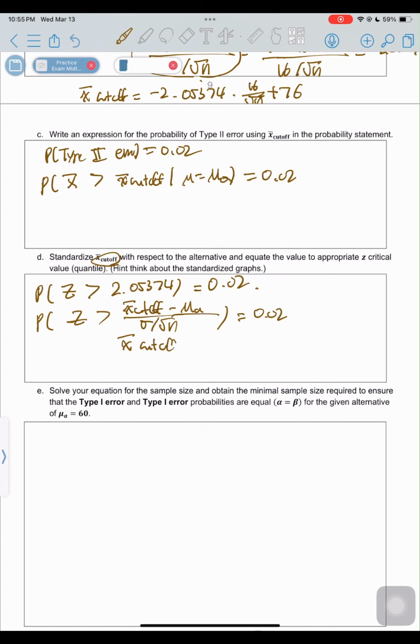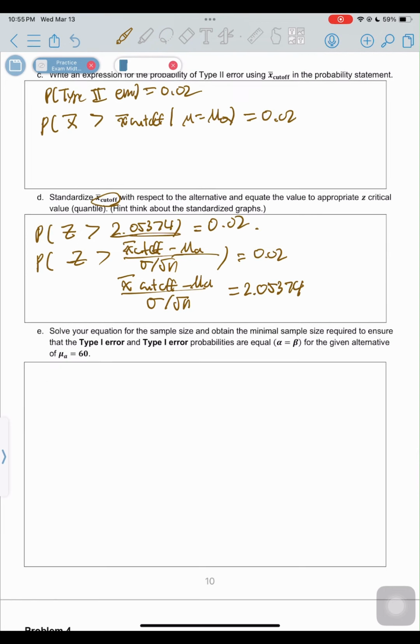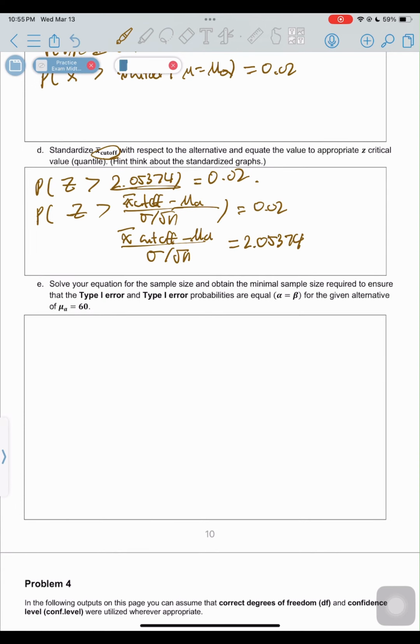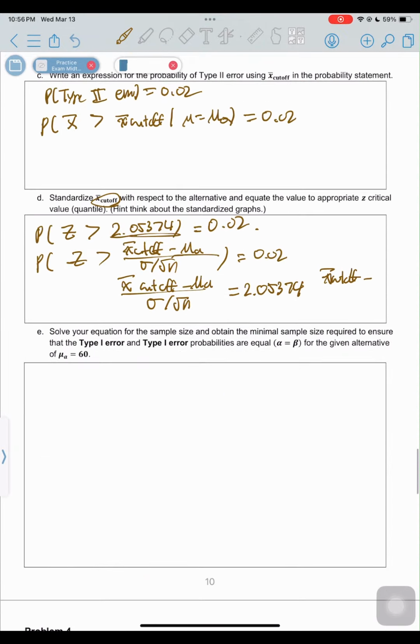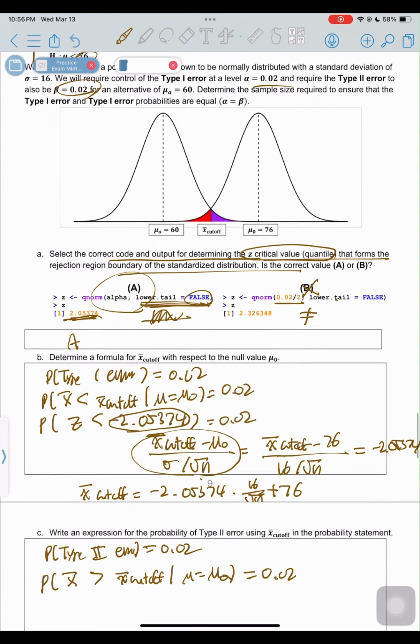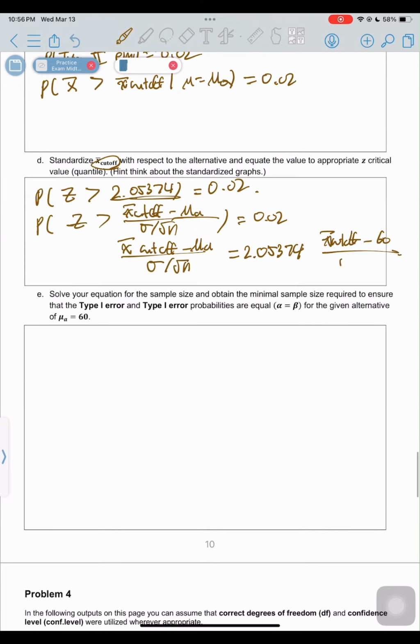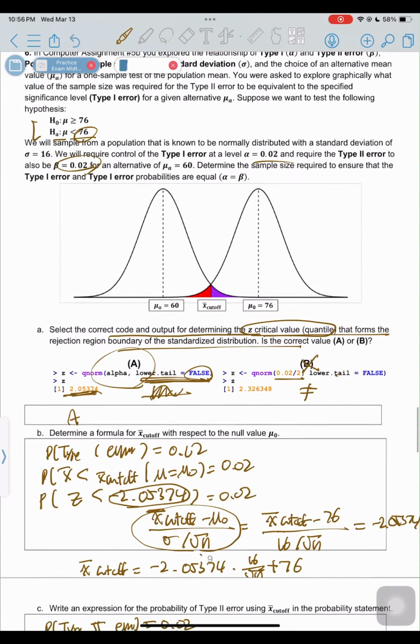So X cutoff minus mu A over sigma over square root of n is equal to 2.05374. And then you can plug it in and find the values. So X cutoff minus mu A value, are we given? We are: 60, over sigma, which is 16, divided by square root of n.